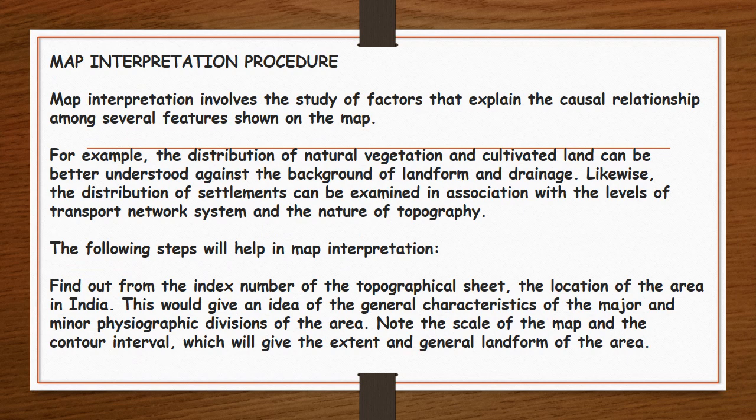Students, for regular practice of interpretation of topo sheets and to score good marks in the exam in these topo questions, you should understand, rather you have to practice one important thing, that map interpretation involves the study of factors that explain the causal relationships among several features shown on the map. For example, the distribution of natural vegetation or the cultivated land can be better understood against the background of the landform or the drainage pattern.